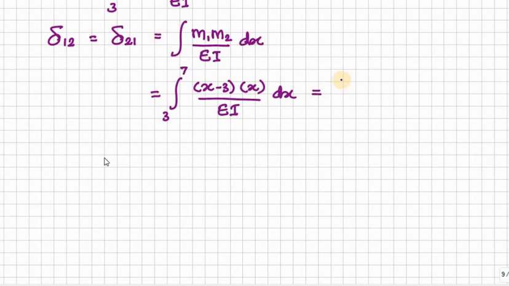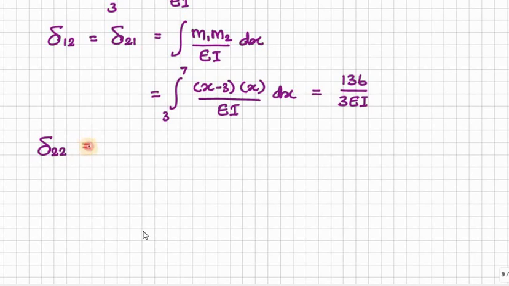Therefore only that section will come into play. So 3 to 7, the limits of the AB member, and this is the value of small m1 on member AB, this is the value of small m2 on member AB, divided by EI into dx, which is equal to 136 over 3 EI.